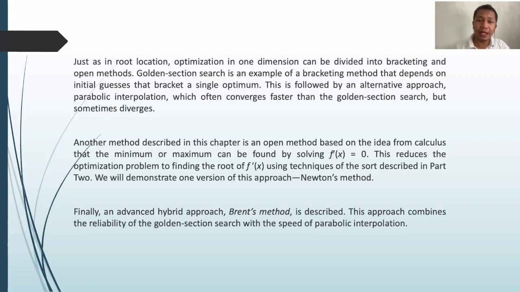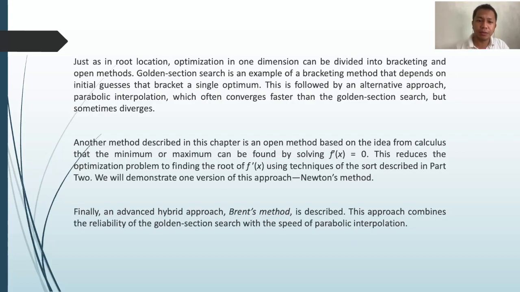This is followed by an alternative approach, parabolic interpolation, which often converges faster than the golden section search, but sometimes diverges. Another method described in this chapter is an open method based on an idea from calculus, that the minimum or maximum can be found by solving f prime of x equal to 0.